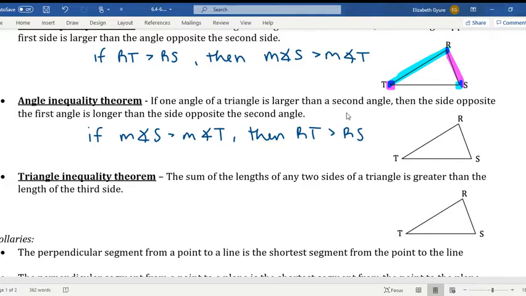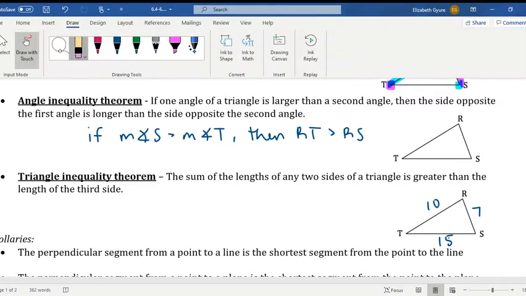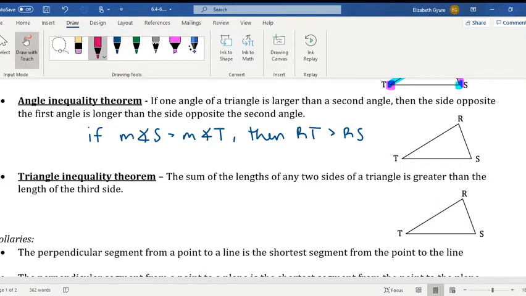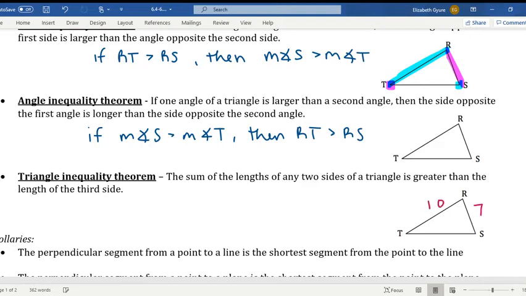So for example, if I told you that the measure of RS was 7 and the measure of RT is 10 and the measure of TS is 15, that would work. You could form a triangle with those units because 7 plus 10, that's more than 15, right? 10 plus 15, more than 7, etc. But if you had a situation maybe where the side lengths were 7, 10, and what won't work? 20 or 845, like Tyler said, that won't work.